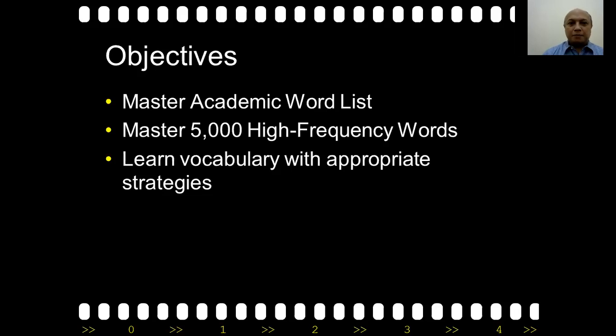And then another objective is to master 5,000 high-frequency words. I'm going to explain to you what is called 5,000 high-frequency words. So the explanation is coming in a minute. And the third one is you are going to learn vocabulary with appropriate strategies.